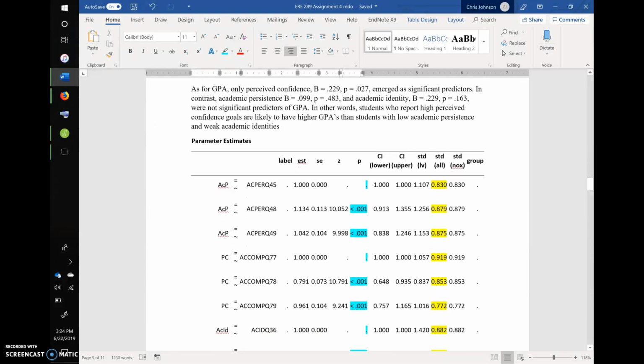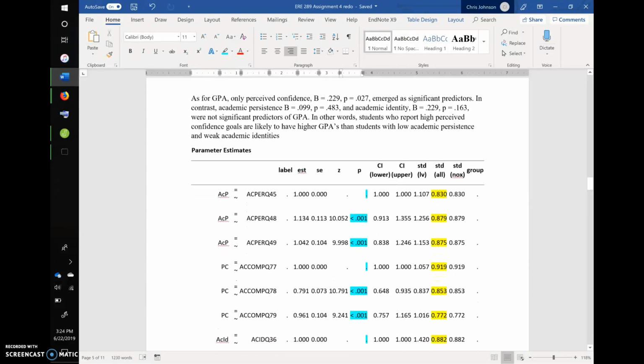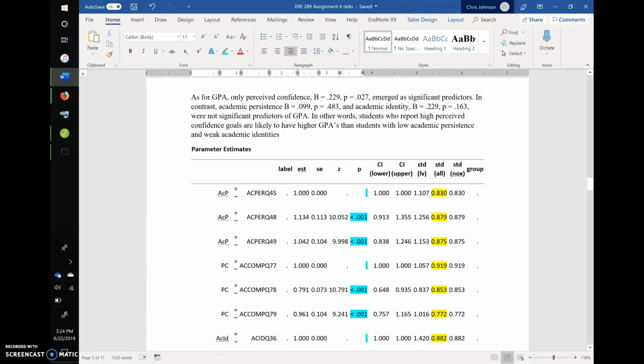And then when examining those three latent variables against GPA, we found that GPA only had perceived confidence at 0.229, below a 0.05 at 0.027, emerging as a significant predictor.